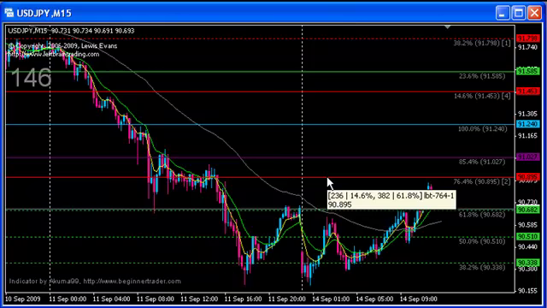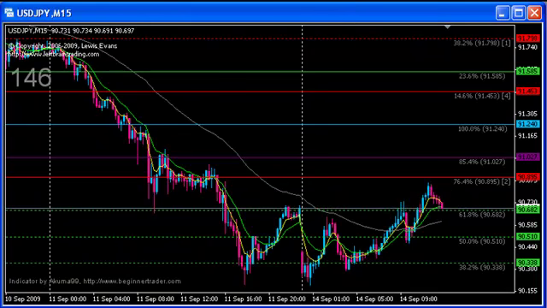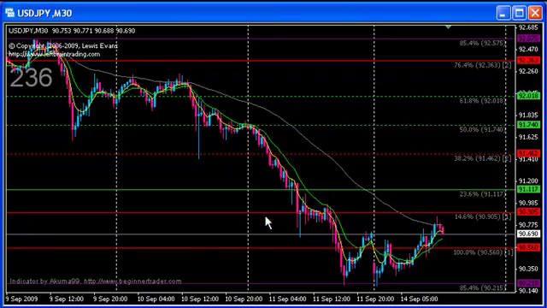It says that it's at a 14.6 on the 236 and a 61.8 on the 382. So let's have a look at the 236. And there you have it on the 14.6. It doesn't mention the 146 here simply because we haven't adjusted the sensitivity of this chart to the 146 line showing up.